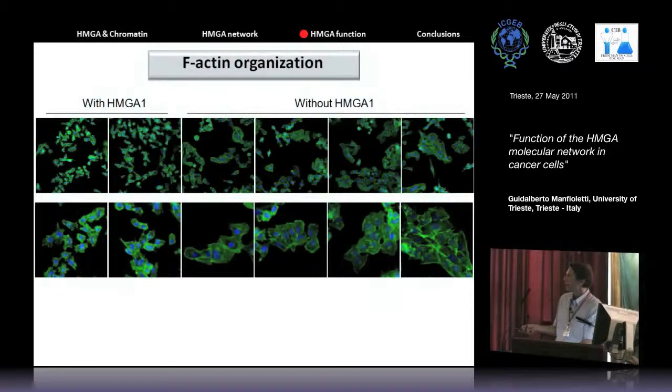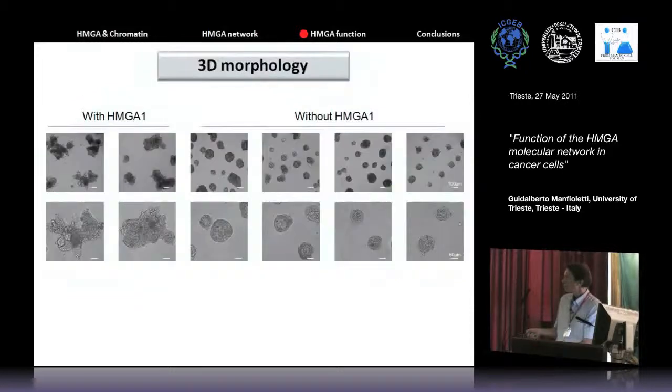This can be better appreciated if we look at the F-actin organization. In particular, at a higher magnification, you can see that the distribution is essentially peripheral, and there are no stress fibers, which are instead present in the control cells.